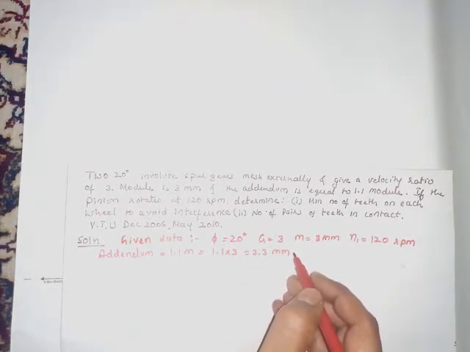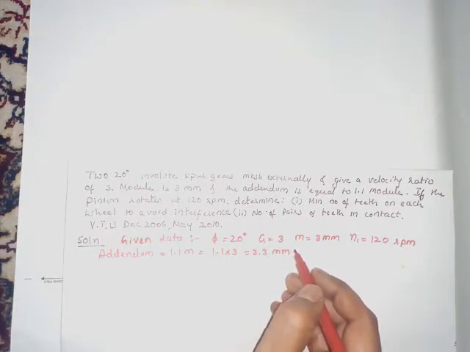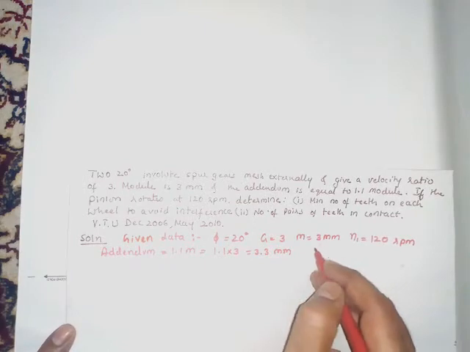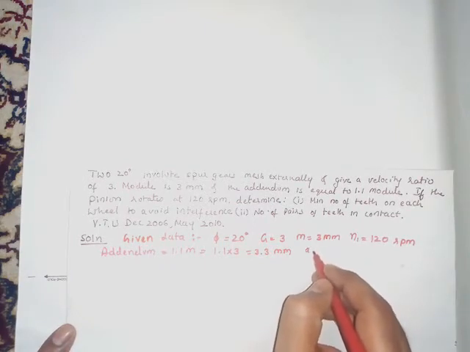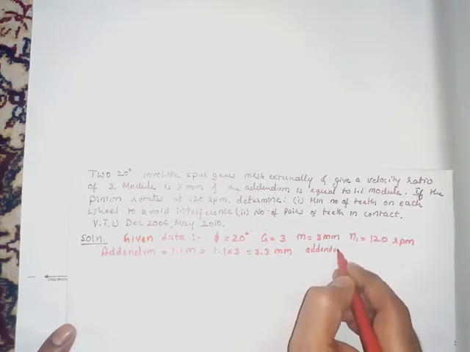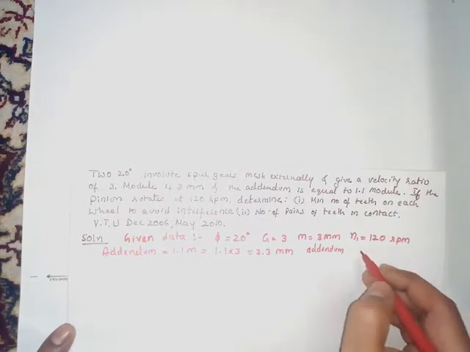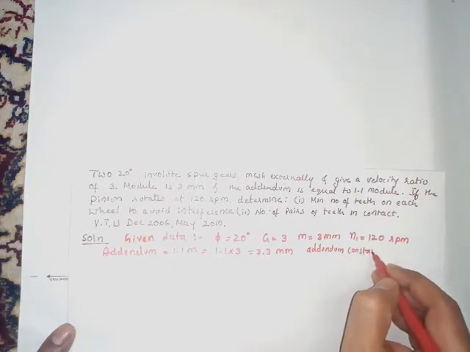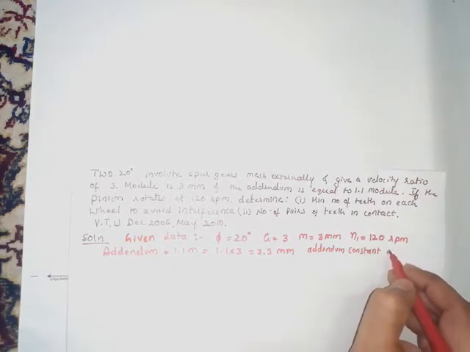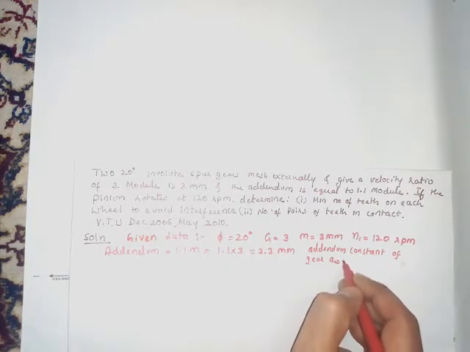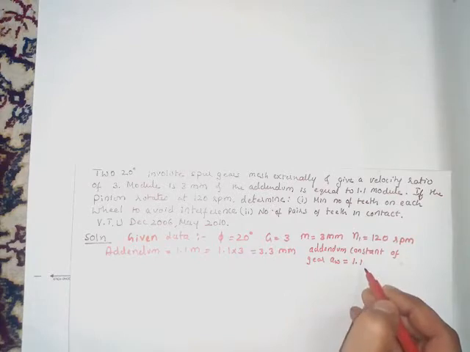Then the value of addendum constant of Gale is 1.1.